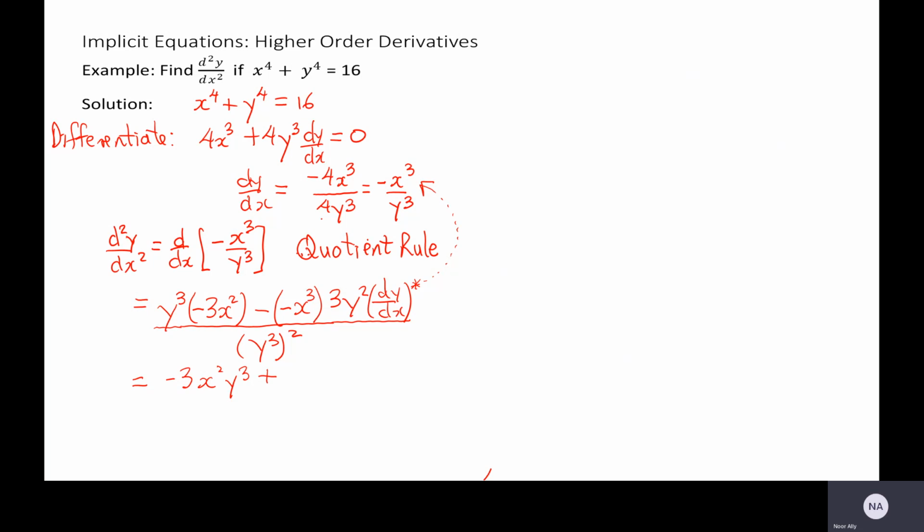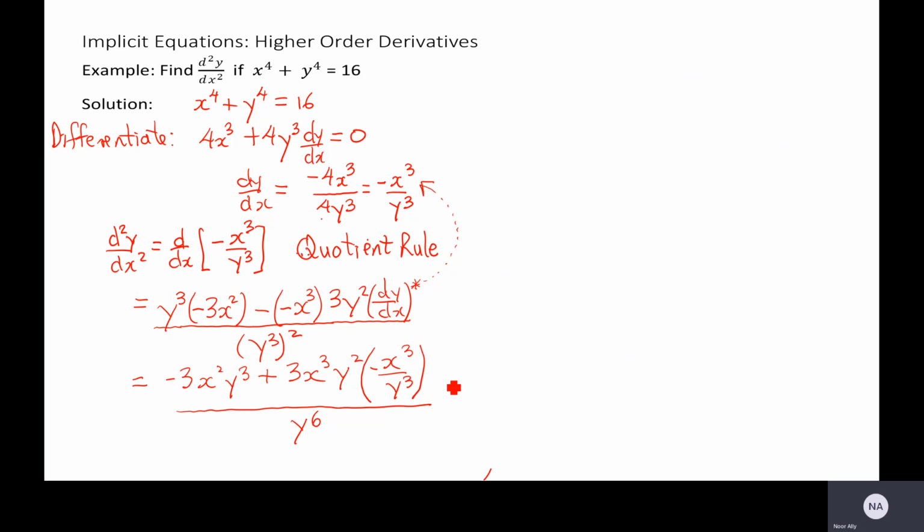Negative comes a negative for the minus x cubed, 3x cubed y squared. And now we can replace dy dx by minus x cubed over y cubed. And that, of course, is all divided by y to the power 6.